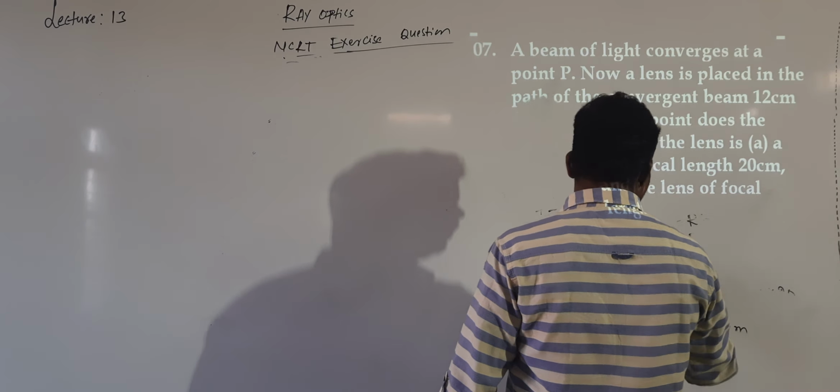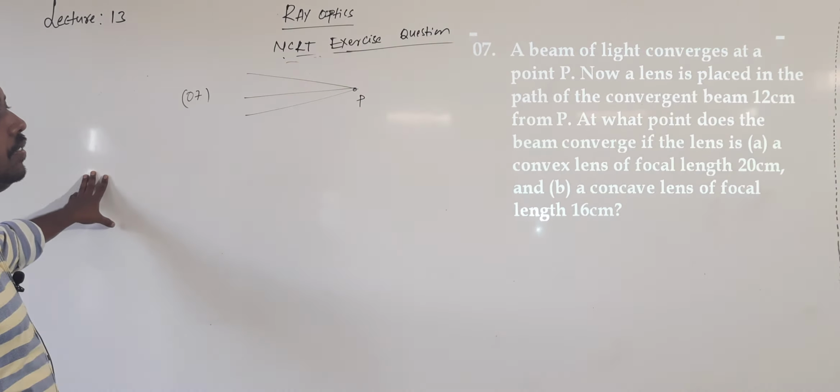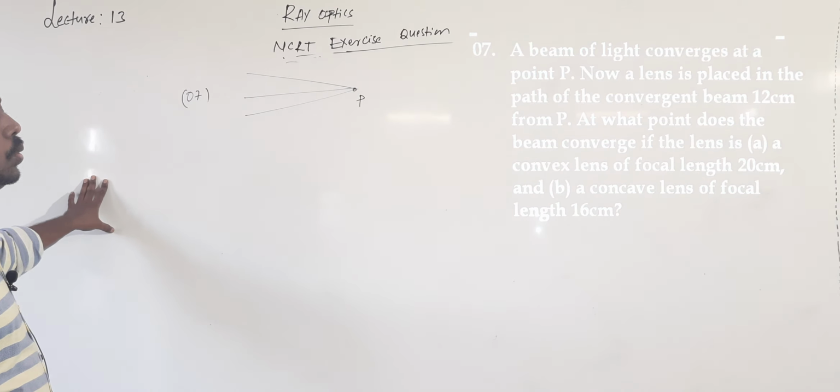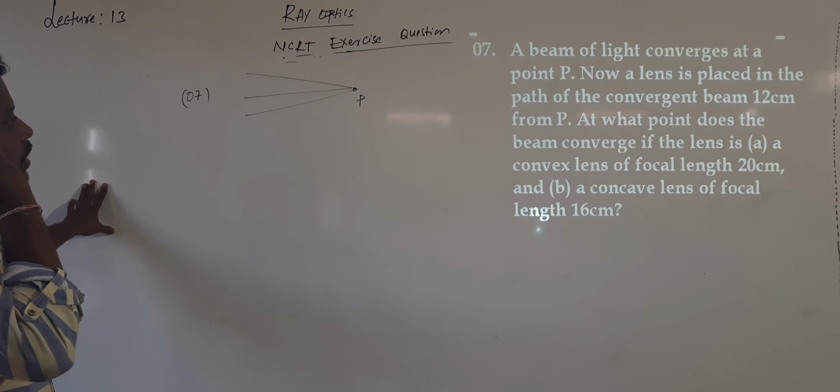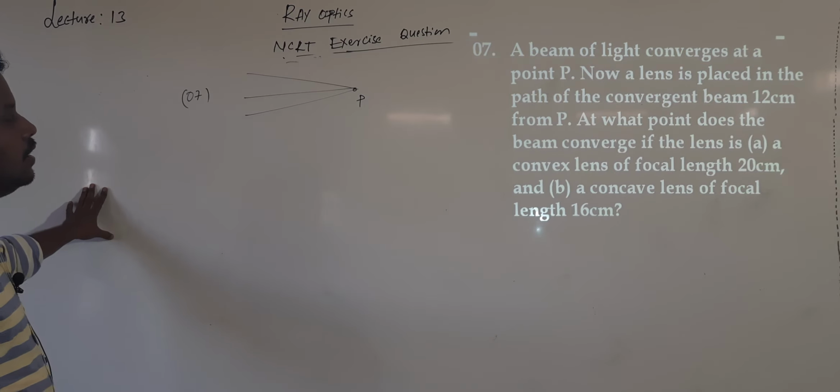Convergent beam of light means light rays are converging at a point P. Now, a lens is placed in the path of the convergent beam, 12 centimeters from the point P.